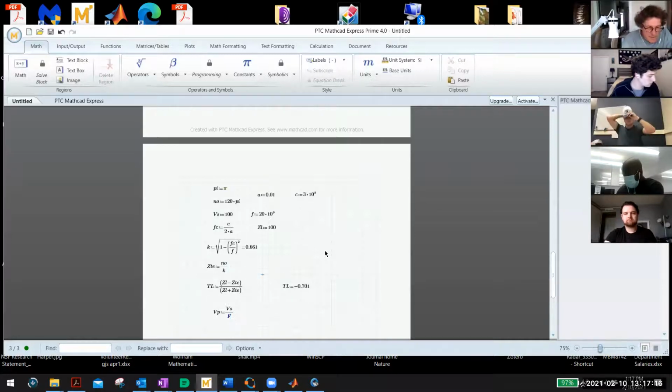I'm going to say that F equals EXP to the J times beta guide times L plus gamma L times EXP to the J times beta guide times L, but there's a negative sign here.